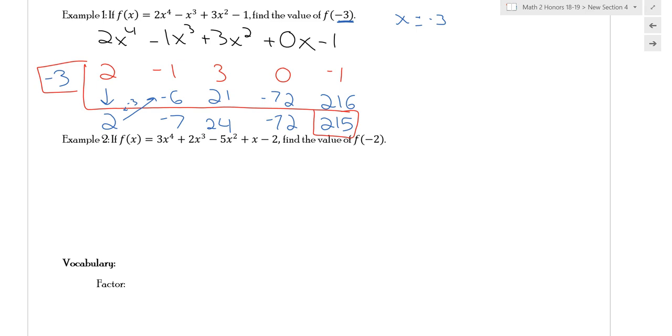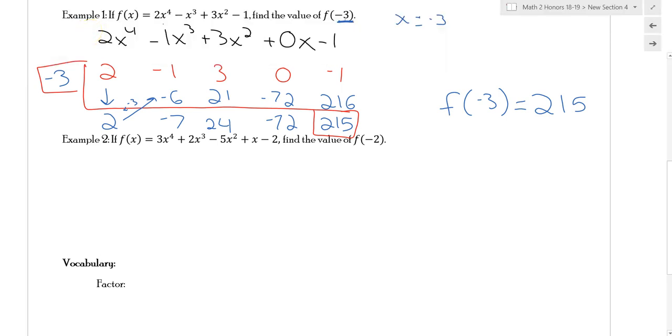And what this tells us is f of -3, whatever we divided by, is equal to 215. So instead of having to plug -3 in here and figure out what -3 to the 4th is and all of that, we can just do synthetic division. In some cases it might be a shortcut, in some cases it might not be, but that is what our remainder theorem tells us.